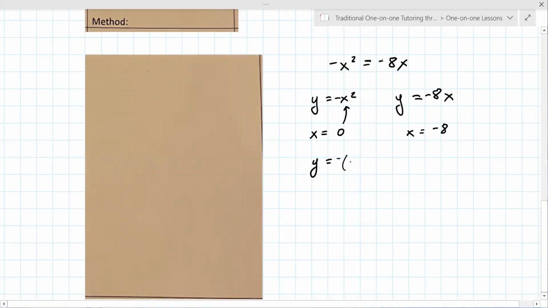It's minus parentheses 0 squared. What is 0 squared and then the negative of it? Yes, 0. Perfect. Now on the right, it's the same deal here. You got to put negative 8 in for x.